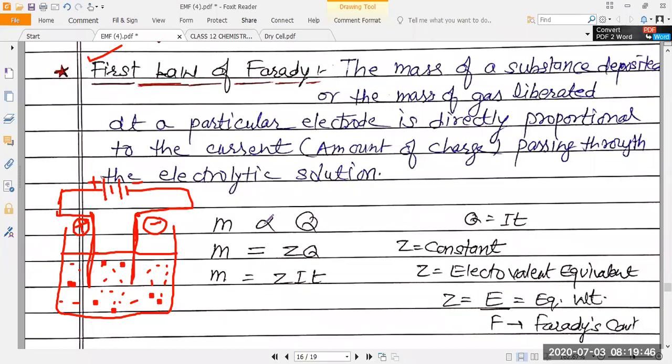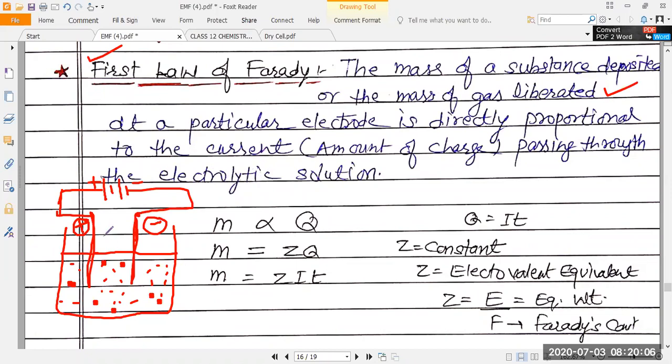So the mass of substance deposited or the mass of gas liberated at the particular electrode, the electrode may be cathode and the electrode may be anode, is directly proportional to the amount of charge passing through the electrolytic solution.